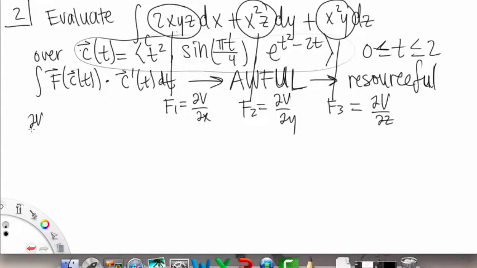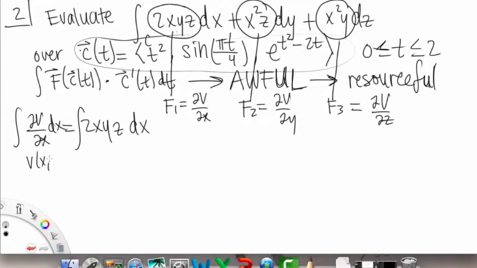If we set partial v partial x equal to 2xyz and integrate with respect to x, we get a candidate function: x squared yz plus some function of y and z alone.